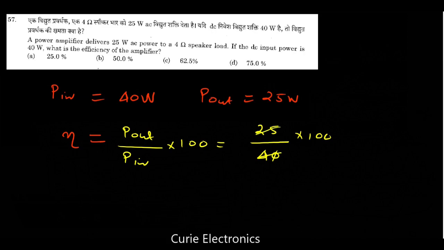How many times? 5 times. This is 8 times. So 500 upon 8 we get. 6 8s are 48, 20, 2 times. So 62.5. You will get 62.5. So the answer is option C. Option C is the right answer.